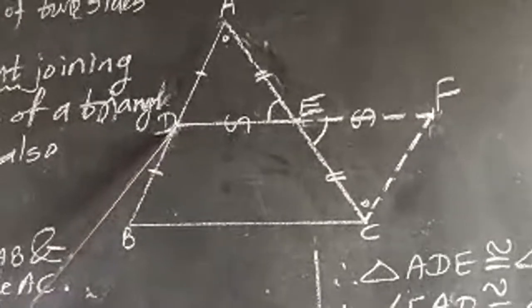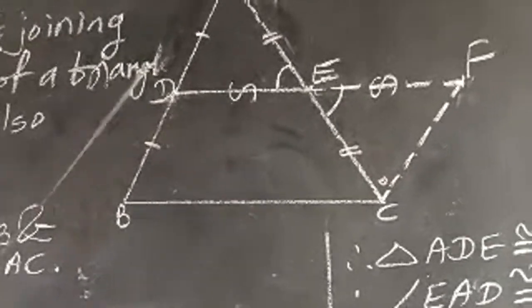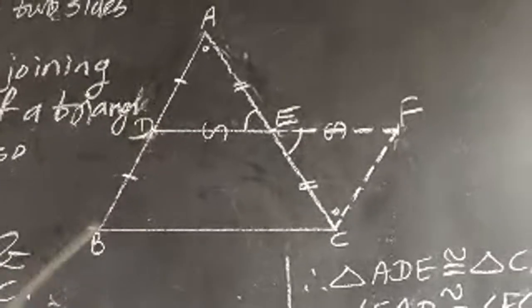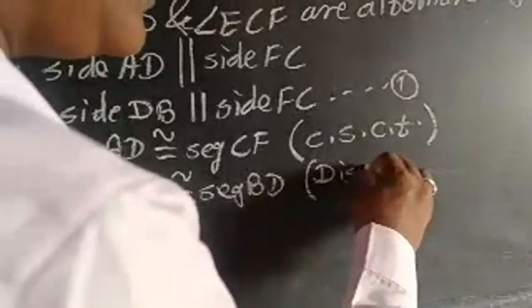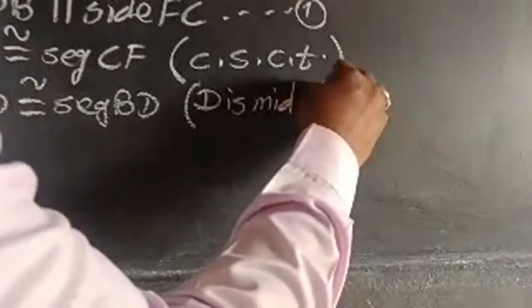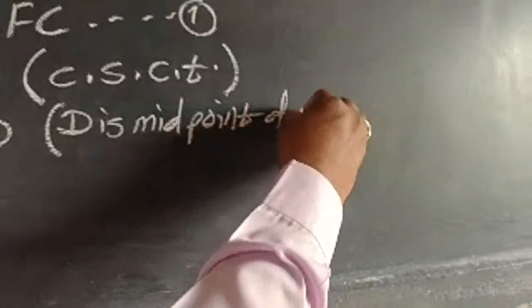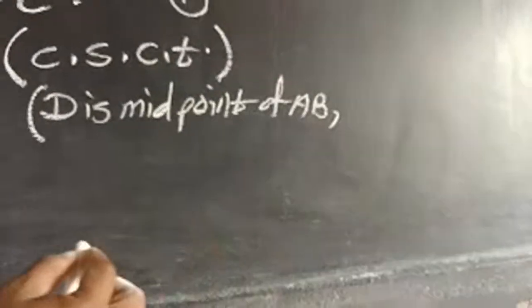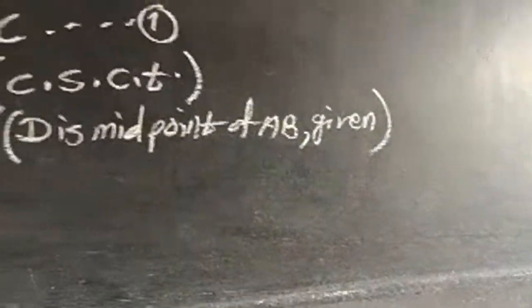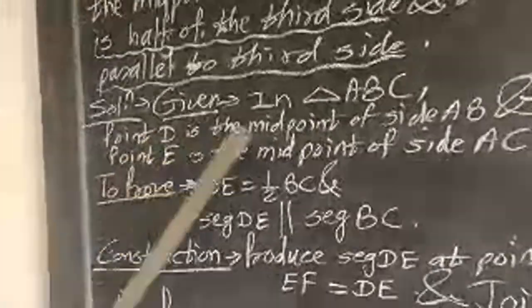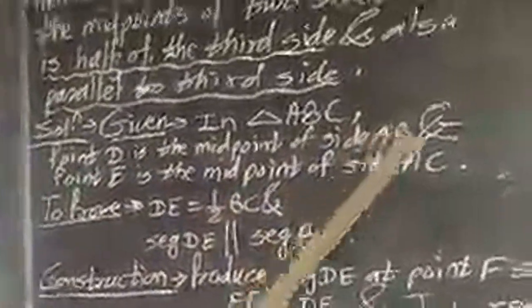Point D is the midpoint of AB, and that is given. D is the midpoint of AB. This is given, and we can write this conclusion.